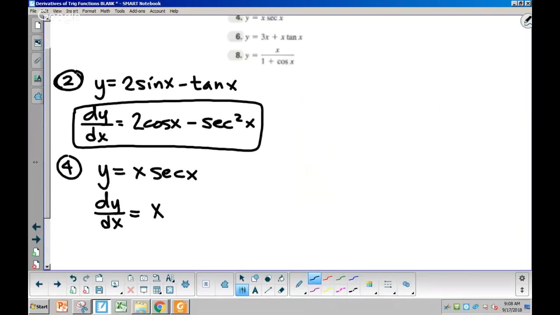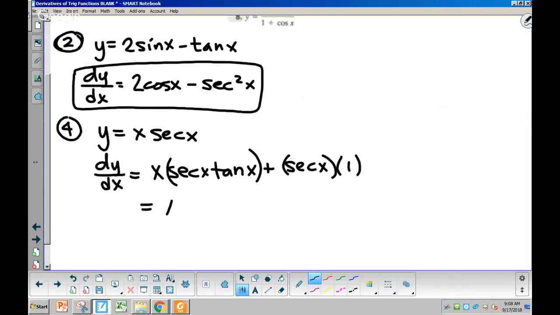What's the derivative of secant x? Secant x tan x, plus second, which is secant x times the derivative of the first, which is 1. Right, because this is first d second plus second d first. And then this is just x secant x tan x plus secant x.